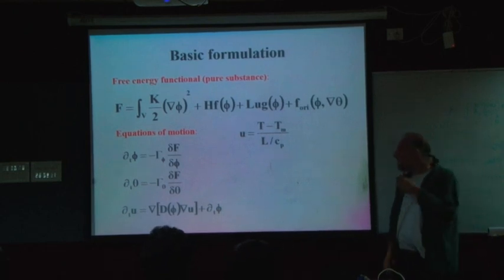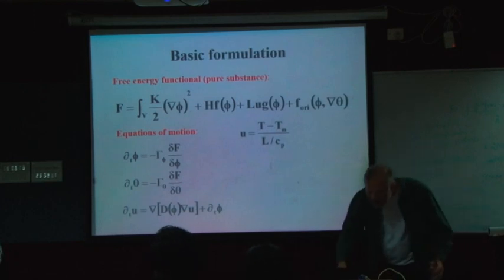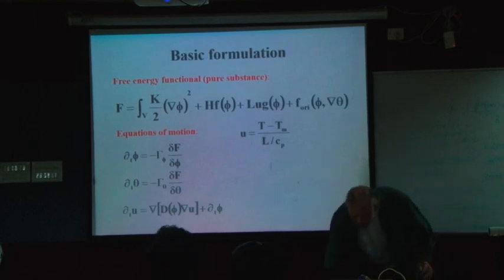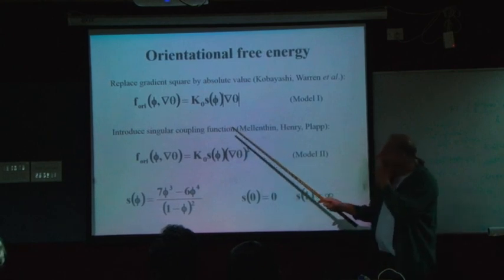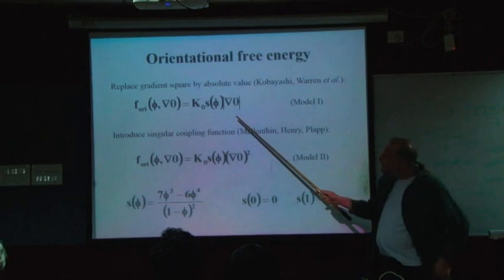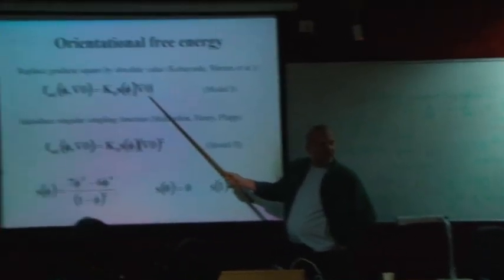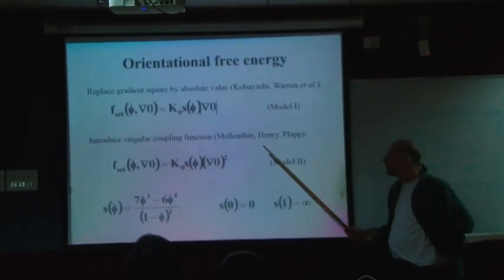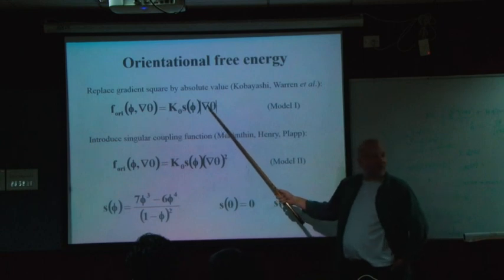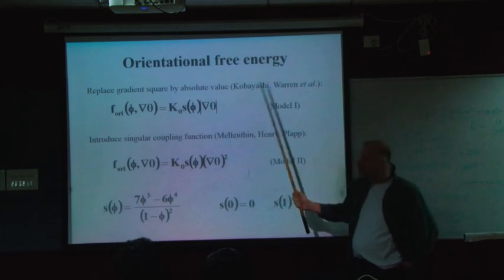So the two methods that have been pursued, I thought I had them here. Oh yes, indeed. They are given here. One, for some reasons, you need to include a modulus of the gradient of theta instead of the usual gradient theta square term, which makes the equation somewhat awkward, because in the functional derivative you have to define how to derive a modulus.